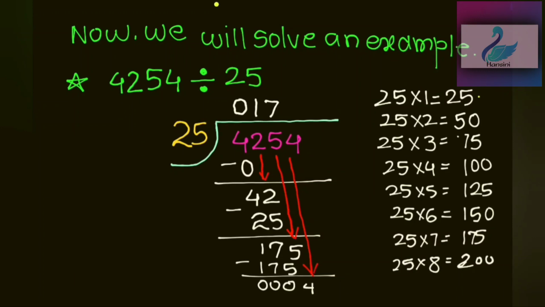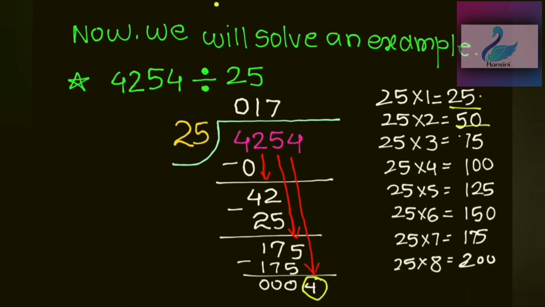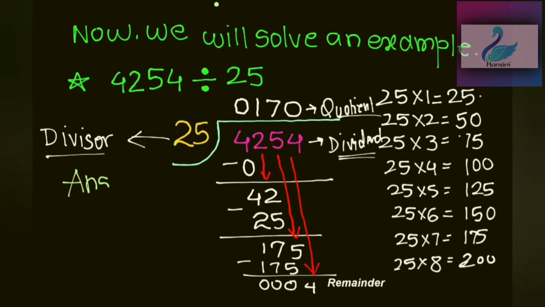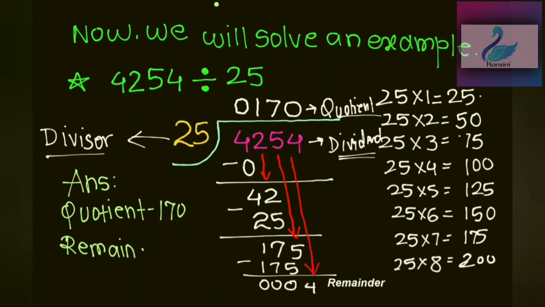I wrote 7. Now search for 4. You don't have 4 in the table, so you take 4 as the remainder. So now 25 is the divisor, 170 is the quotient and 4 is the remainder. So write the final answer: quotient is 170 and the remainder is 4.